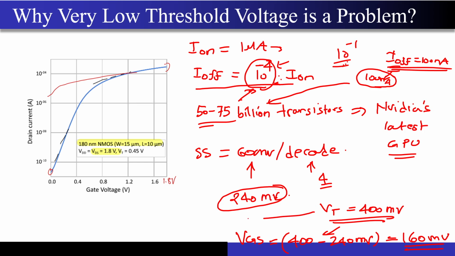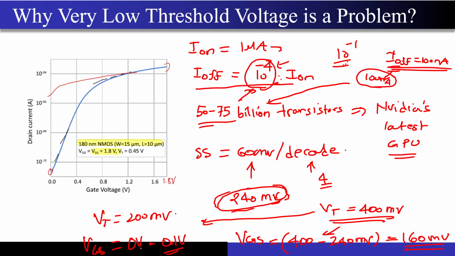Now if I bring this VT to a 200 millivolt value, what will happen? I don't even have this 240 millivolts of space. In the best case my VGS may reach 0 volt, and in the practical case may reach 0.1 volt, because some noise and other effects come up and you may not be able to give a perfect VGS value of 0, correct?